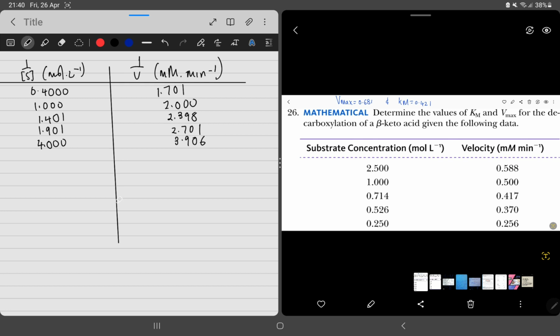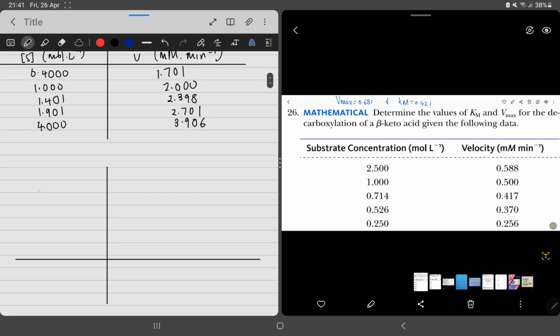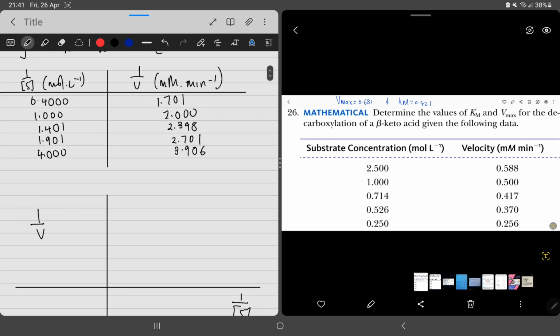Okay, and then once you are done, you are going to plot. So on the y-axis, you're going to have 1 over v, and then on the x-axis, it's 1 over the concentration of the substrate.